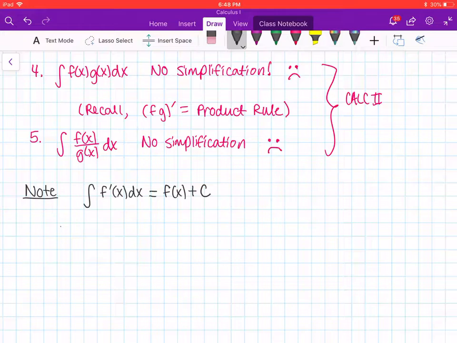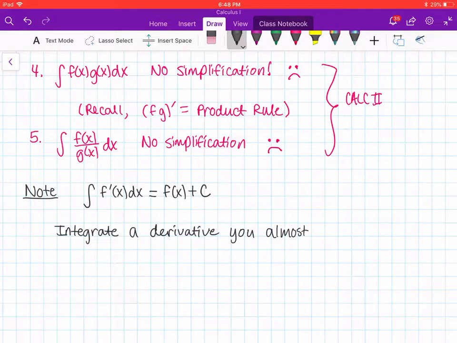So if you integrate a derivative, you almost get back the original function. But it's going to vary with that constant. So keep that in mind.